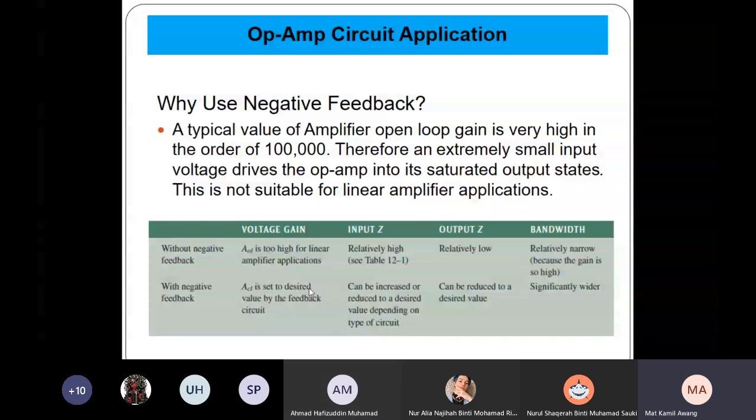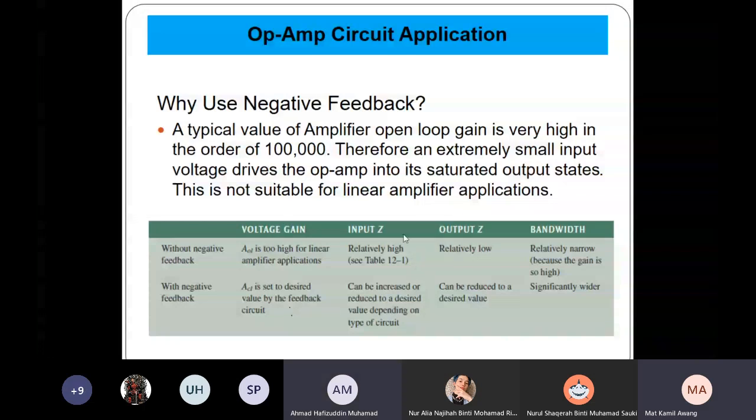As a designer, you can decide the desired gain by changing the resistance values of the feedback circuit.